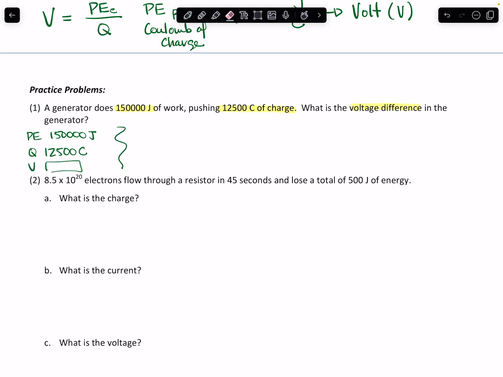We know that voltage is equal to the potential energy divided by the charge. So in this case, 150,000 joules divided by 12,500 coulombs is going to equal, what's that going to equal? 12 volts. So we get 12 joules of energy per coulomb of charge that we're trying to move. That's what a car battery is, 12 volts.